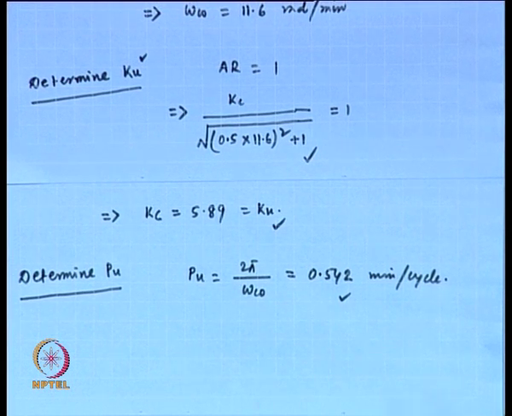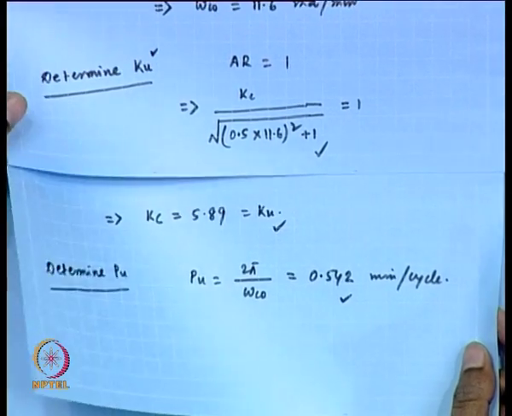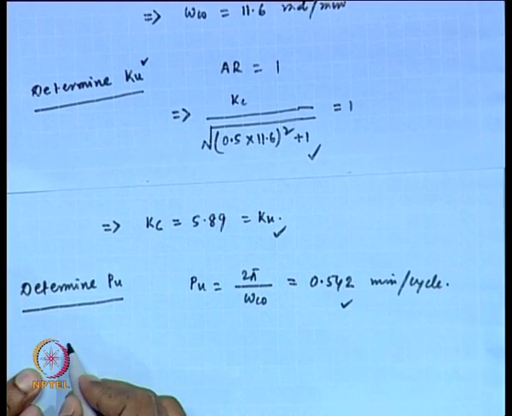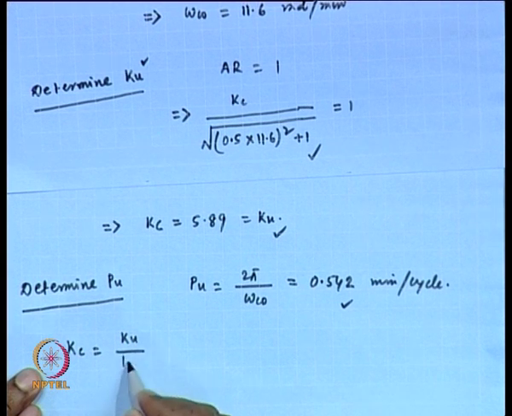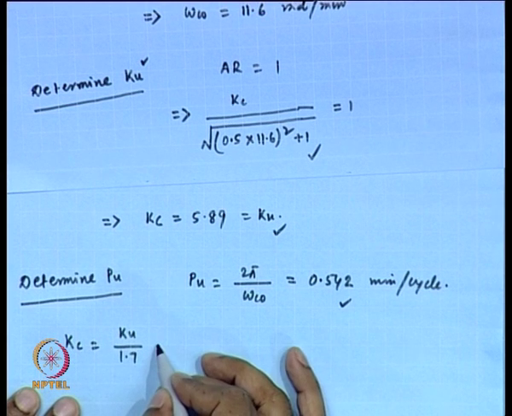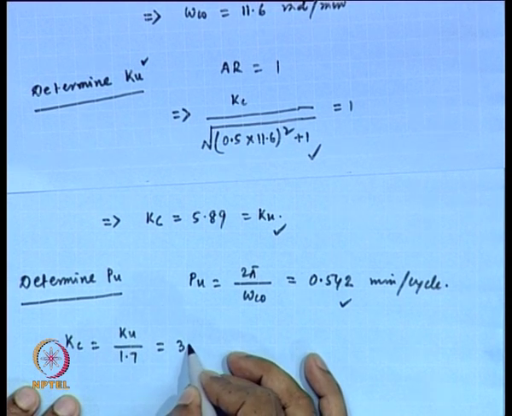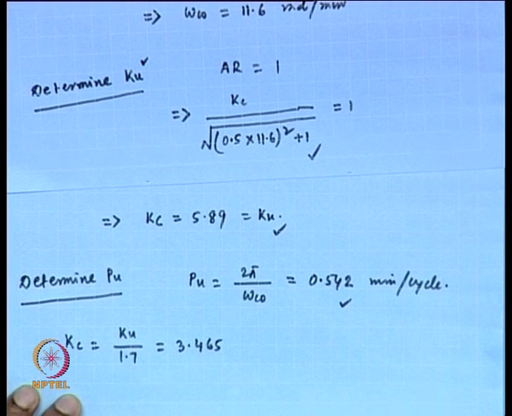Now, we can easily use the correlations to determine the 3 tuning parameter values for PID. So, for PID controller, Kc is Ku divided by 1.7. Using the value of Ku, we obtain 3.465. This is Kc.